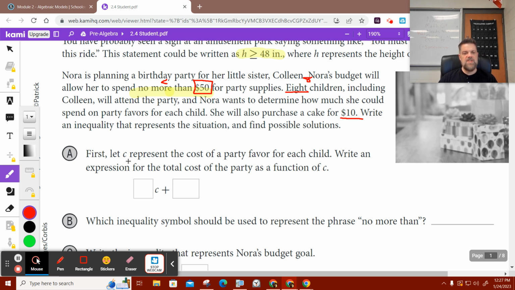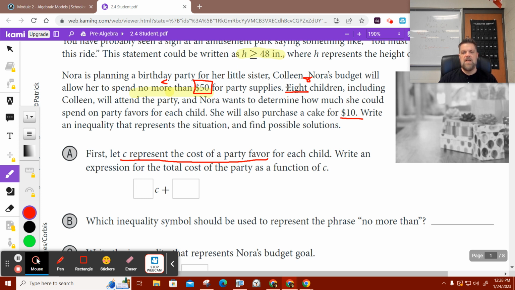C represents the cost of the party favor for each child. We don't know how much they're going to spend on each child for a party favor, but we're trying to figure out the total cost, how much money Nora will spend. C represents the cost per party favor. So how many kids are attending the party?